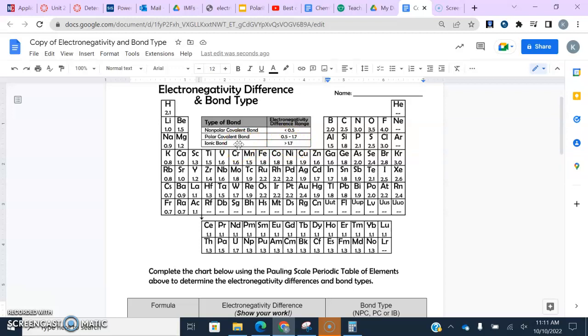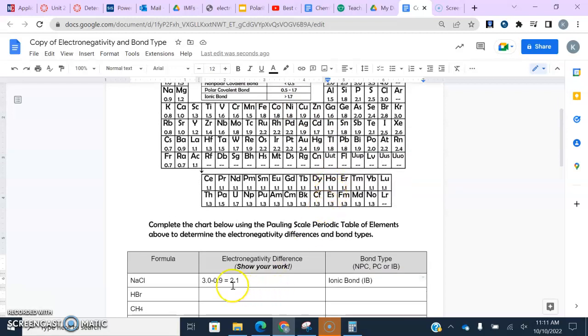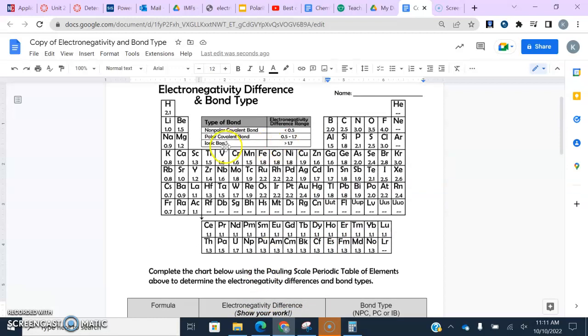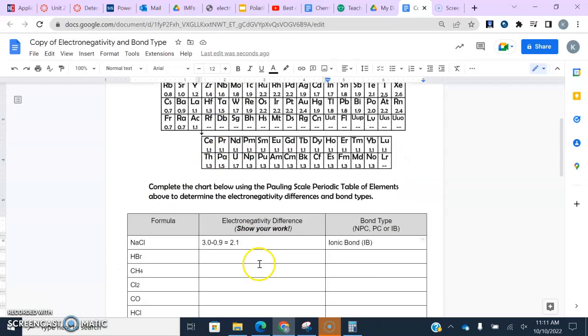So there's going to be an unequal sharing of the electrons, and we're going to have an asymmetrical molecule, like water. And then if our electronegativity difference is greater than 1.7, that's going to be an indication that it's ionic and you're not even sharing those electrons, because remember, in an ionic bond, you're transferring the electrons. So that makes sense, okay? It's pretty simple. You do that all the way down.